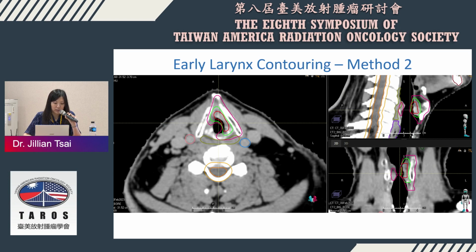You contour the GTV in red, and for the CTV1 you typically put a 0.5 or a little less centimeter margin, and then you're covering this whole area on the left side, but you really try to spare the right arytenoid. I think that's where you can probably spare some toxicities and also laryngeal edema when you spare the contralateral larynx. So that's the approach of Princess Margaret. You can see the margin is tighter now, superior and inferior, but this is with daily cone beam CT.